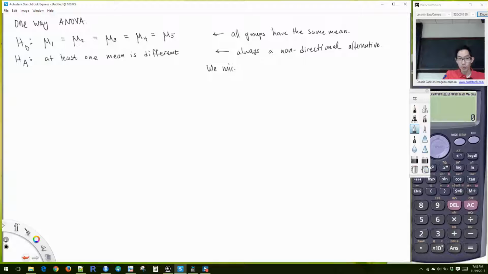So we might conclude to reject the null hypothesis, but ANOVA will not tell us which group has the different mean.